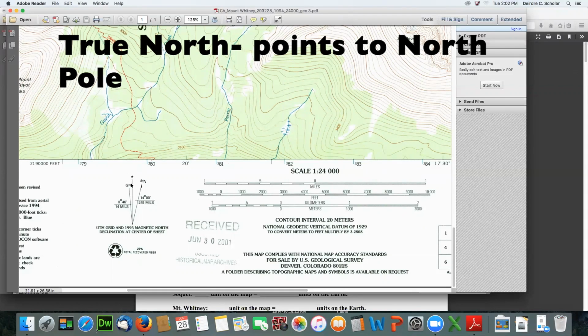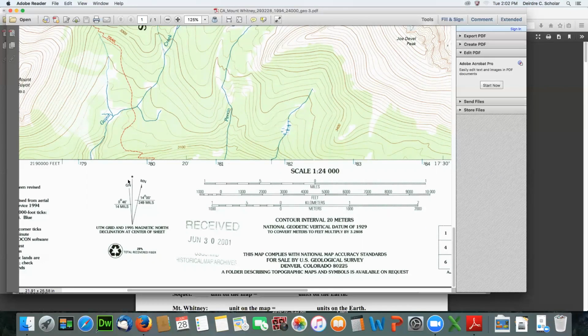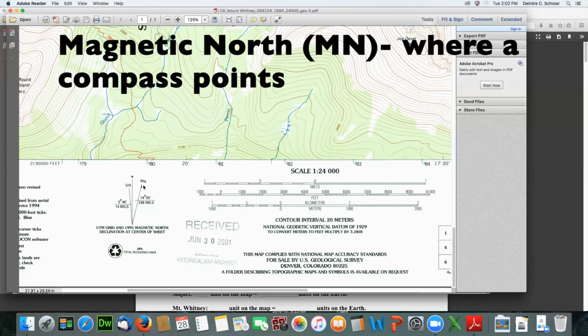We also know from a previous lecture that any compass used on the surface of the Earth does not actually point to the North Pole or true north. It points to the Earth's magnetic north, which is going to have a different amount of offset depending on where the map is located.